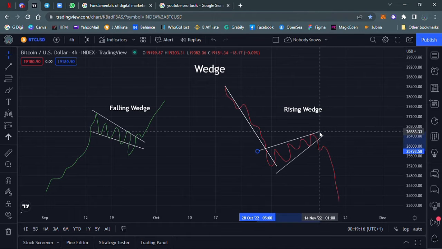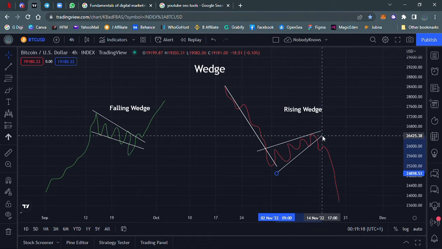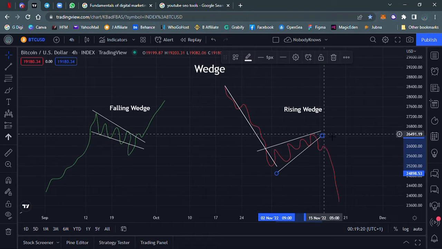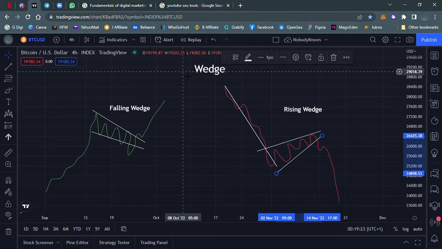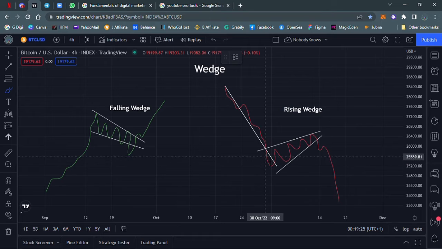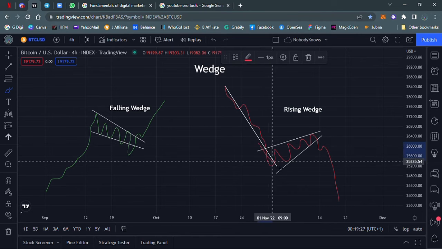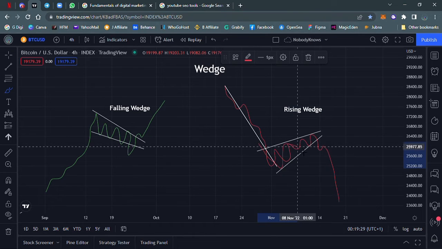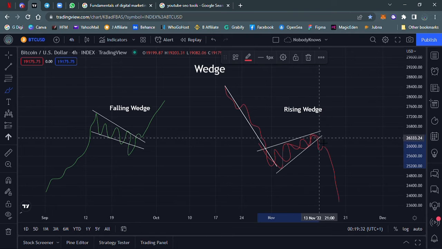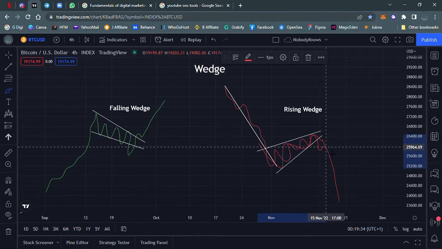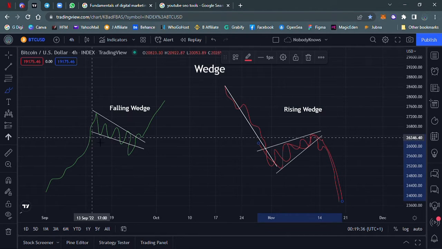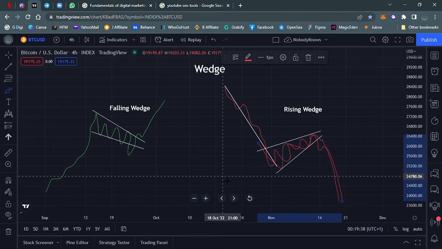Now it's forming a wedge, right? The endpoint, if you drag this point, is they're going to meet at a tip here. So it means that market went in here and touched here, touched here, touched here, touched here, touched here. Chances are it comes out like this and continues its downtrend, or forms a bearish market basically.